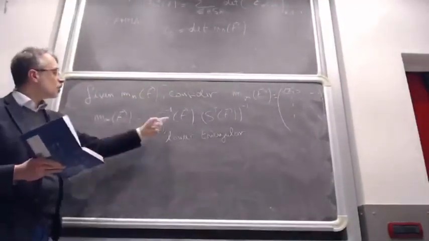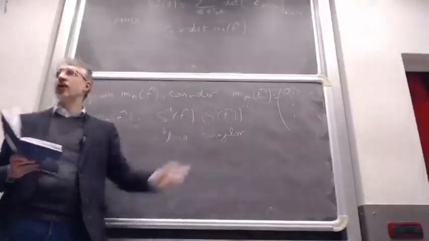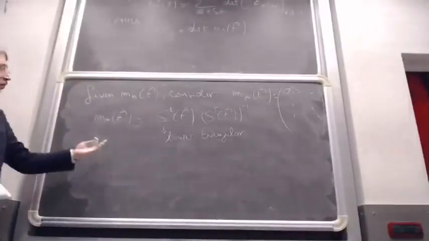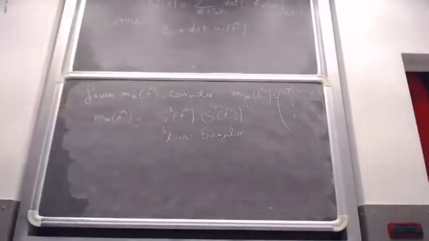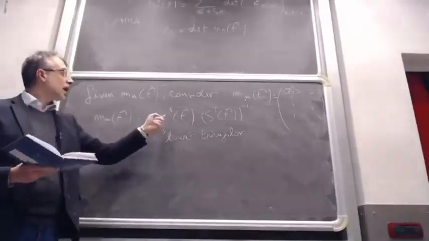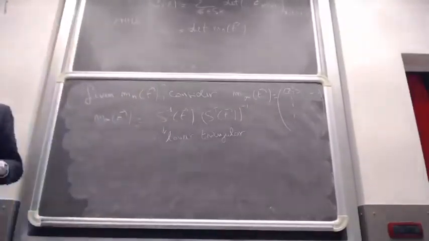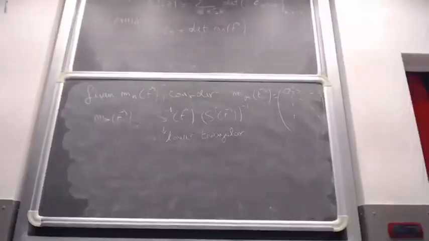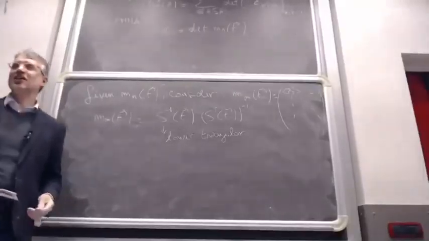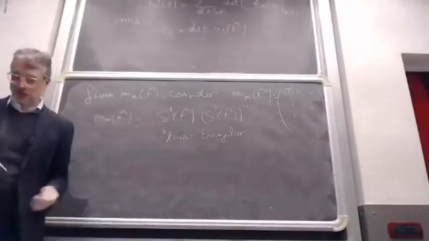So this is lower triangular, this is upper triangular. There is no loss of information in writing Mn in this way. I call this S to the minus 1 just for the following definition. It turns out to be handy, but you don't have to do that.